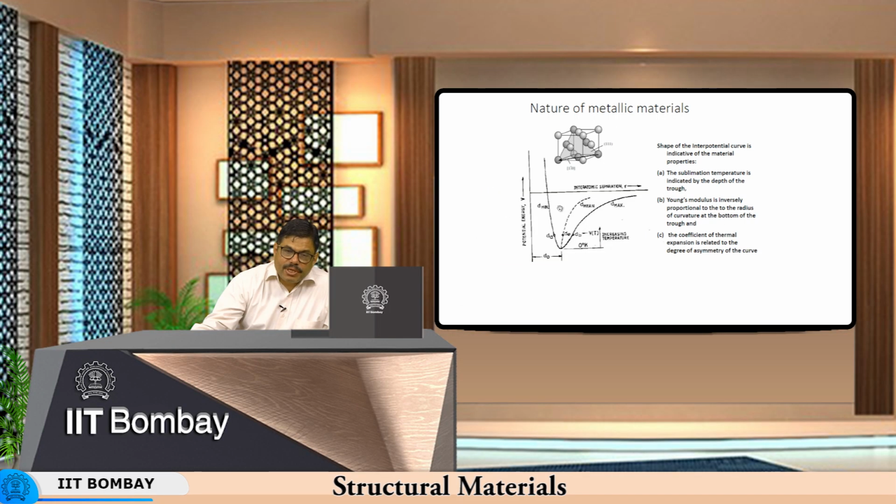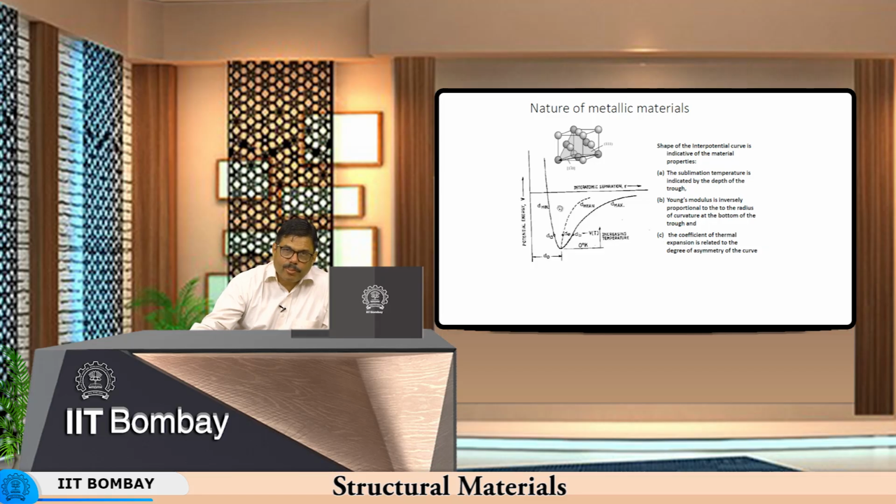Now with increasing temperature, this mean position also shifts. That is because this curve is asymmetric about this vertical line. So naturally this will shift, and therefore you will see this macroscopically as thermal expansion of the metal, because in every atom there is going to be a shift in the mean position towards a higher interatomic separation.